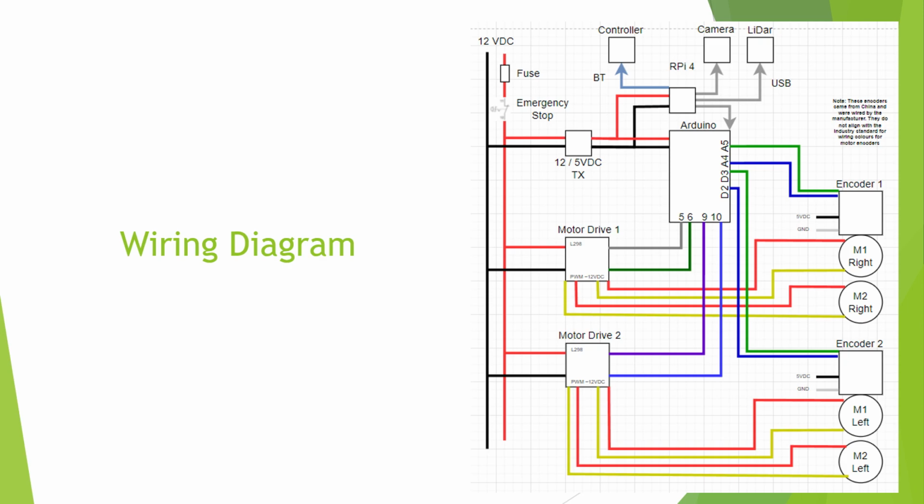For every rotation of the motor, the encoder picks up some number of clicks. It's just this digital signal going up and down.